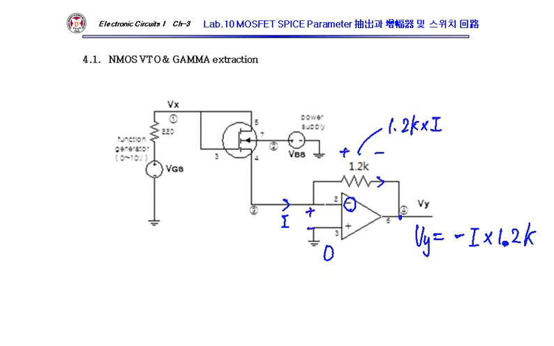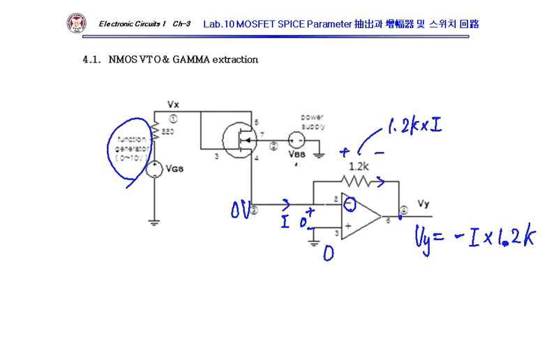There is a virtual ground because of negative feedback, so this voltage is 0. Then I will apply current using some function generator or maybe some DC voltage source.